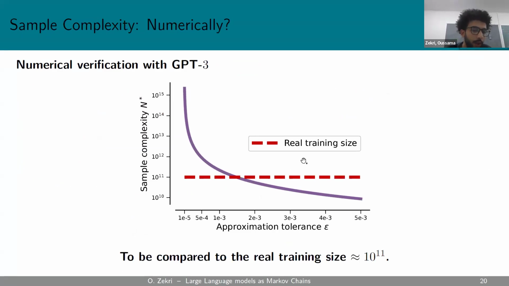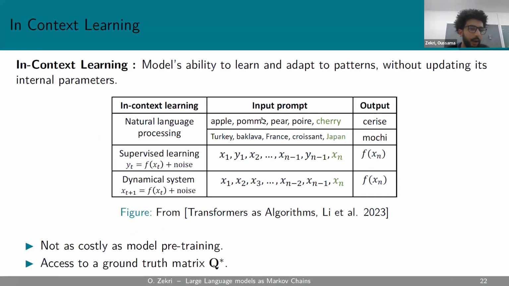On the other hand, if you talk about the data, in our experiment we just said our dynamical system that we prompt to our LLM is a Markov chain. But of course you can consider non-Markovian data, for example natural language data.